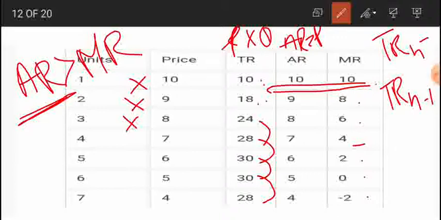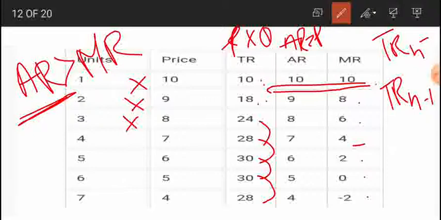Marginal revenue can be zero, can be positive, can be negative, but average revenue is always positive. Average revenue can never be negative. It is because of the reason that average revenue is the price of the commodity, and price of the commodity can never be negative. Price of the commodity can never be zero.